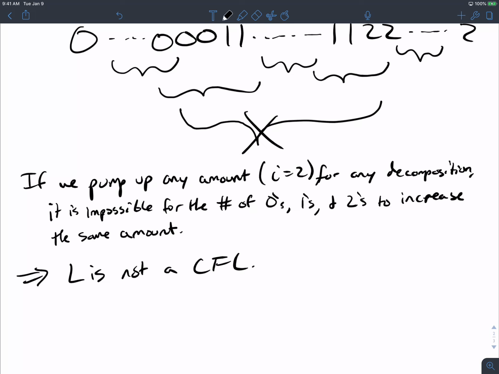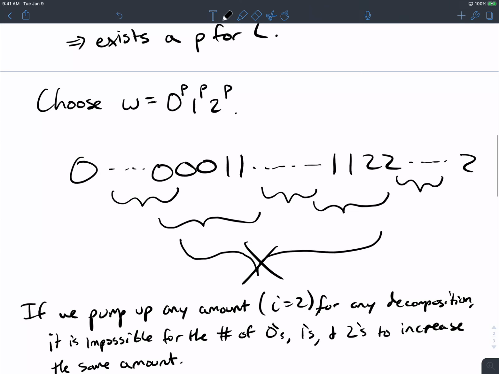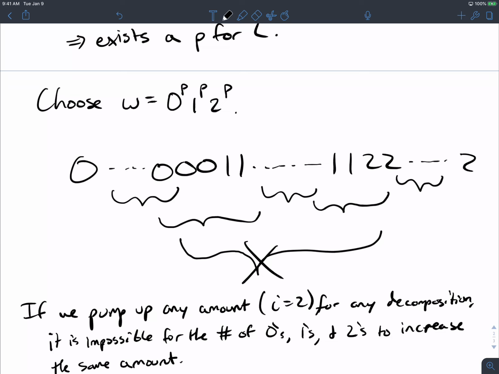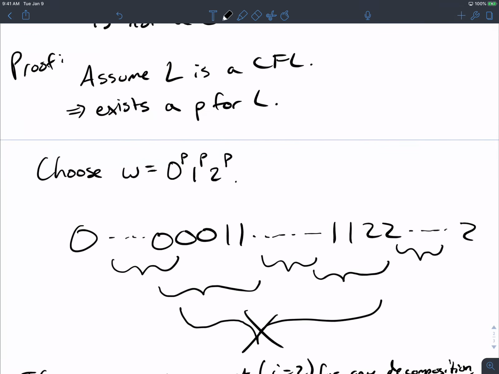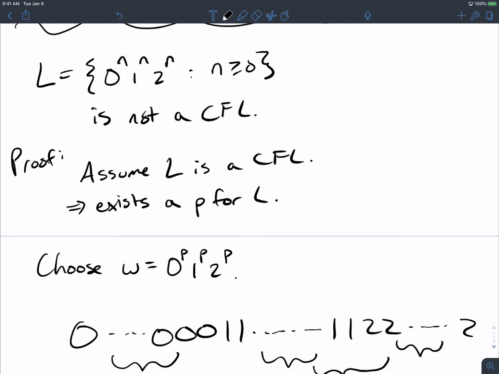Okay? Does that make sense? At least a little bit. What about, so we're not going to do another one. This next one we're not going to do in full depth, but we'll do another one after that. Well, consider instead of this language, let's consider this other one, and I'm going to put it in red. So I'm going to call it L prime, and it's almost the same, but it's not quite the same.